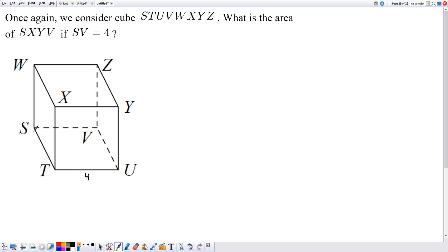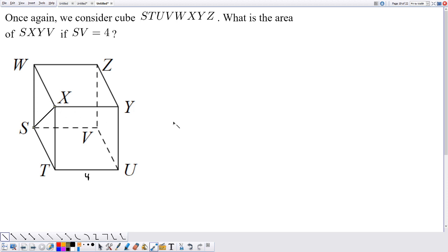Well, let's consider what type of shape that is. So we have SX, which means we want to connect S to X. So I'm going to draw a line connecting them. And then from X to Y, and from Y to V. And since YV is behind the object, if we were thinking three-dimensionally, I'll do a dashed line.